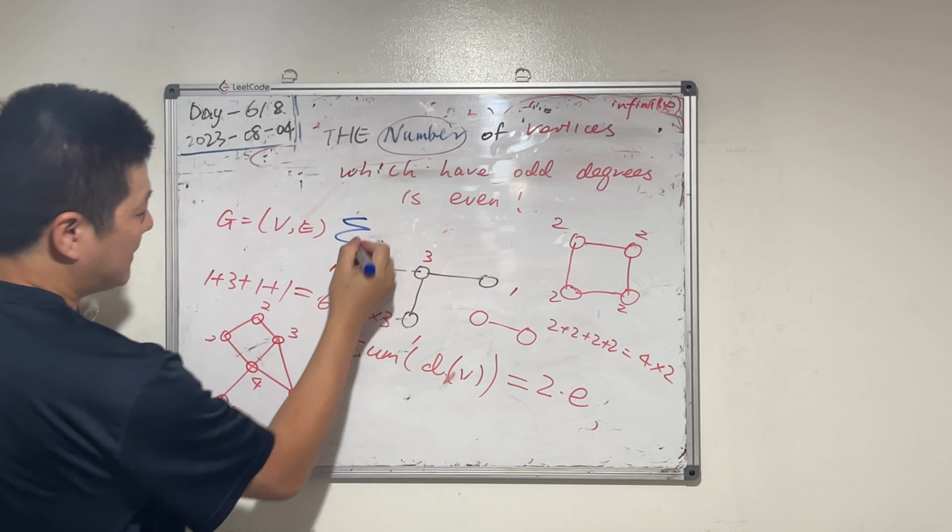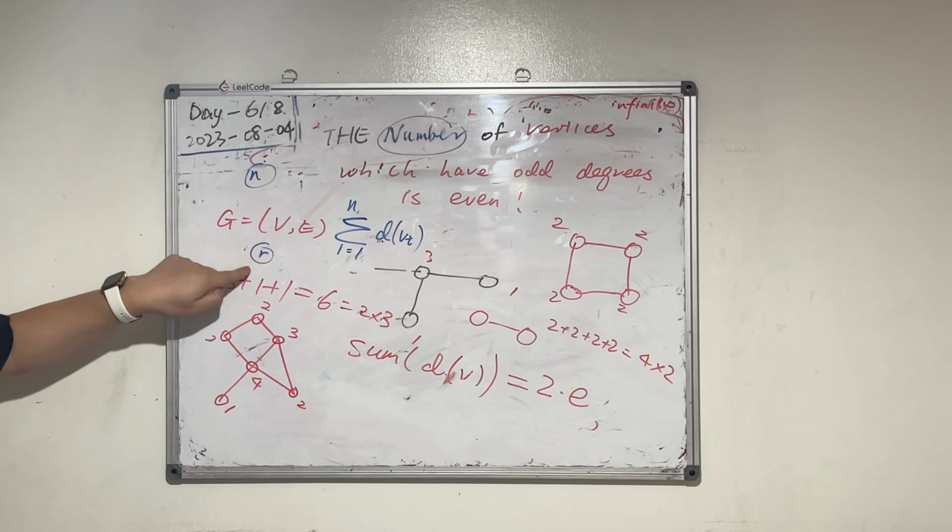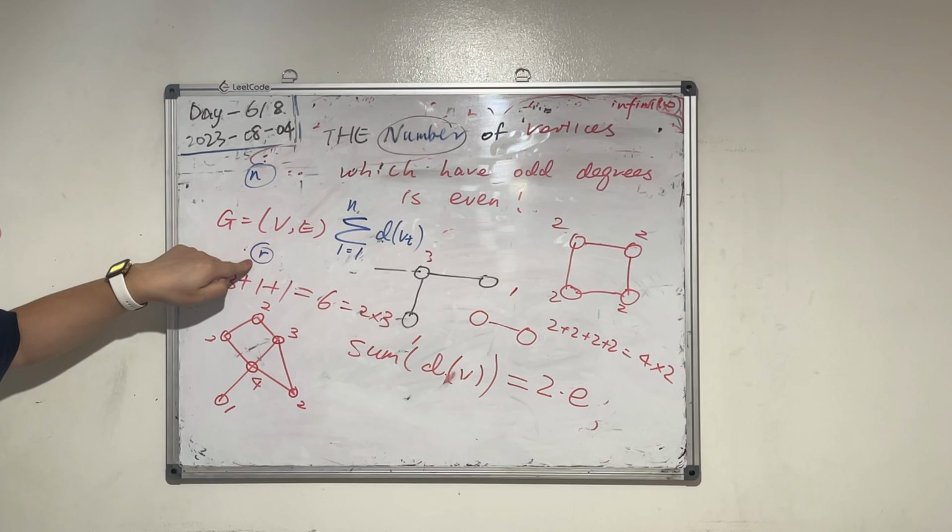If there are n vertices, for example, the sum from i equals 1 to n of degree of vertex i. Let's assume the first r vertices have even degree.